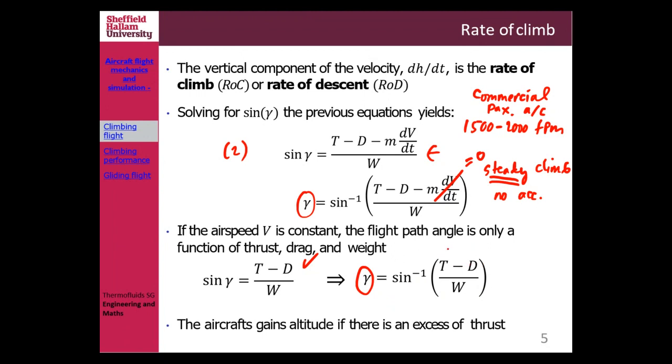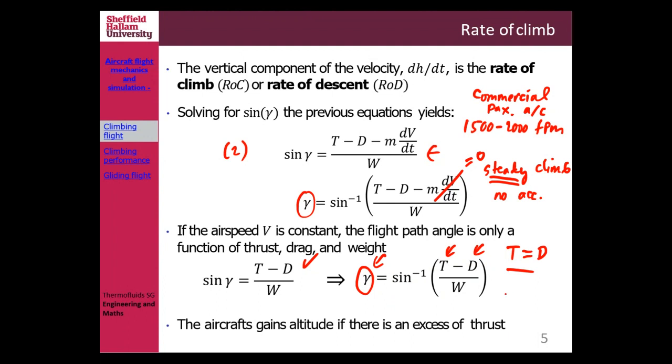Now there's a few pieces of information that you could gather from this statement here. It means that your thrust should be greater than the drag, otherwise you will not get gamma. In case, for example, T equals D, meaning that thrust equals drag, that is what is happening in steady level flight, right?